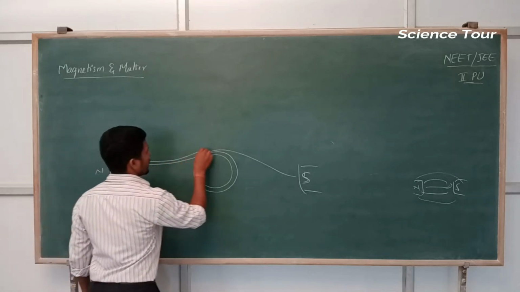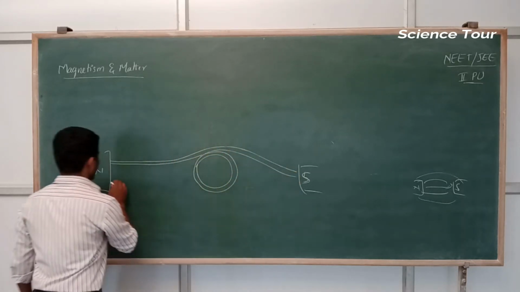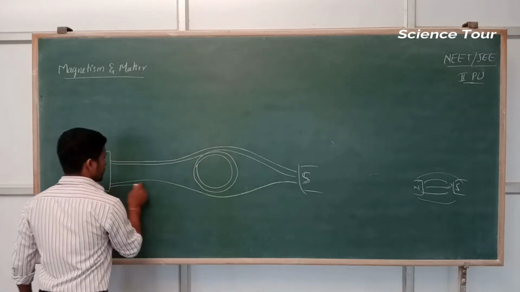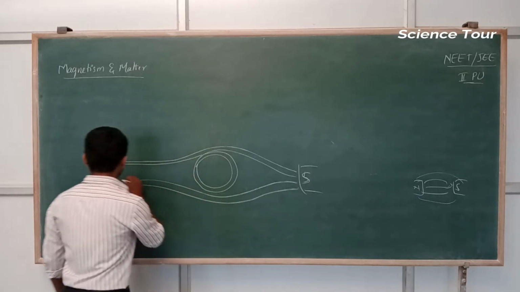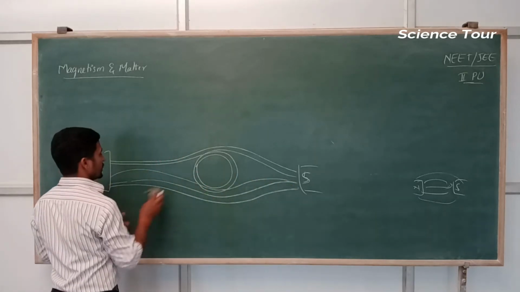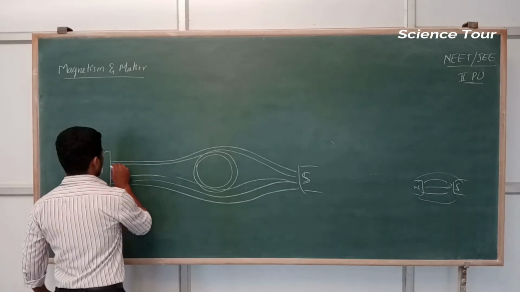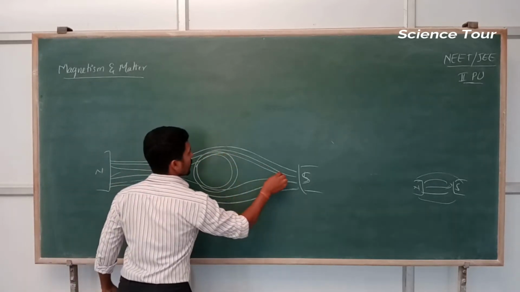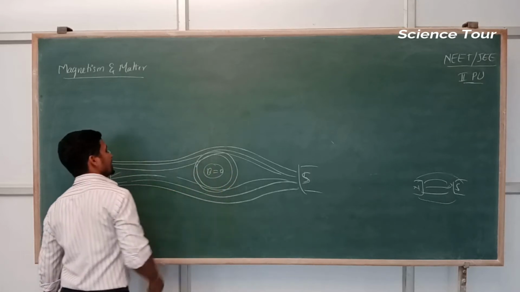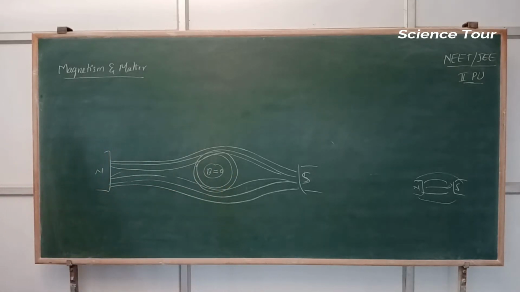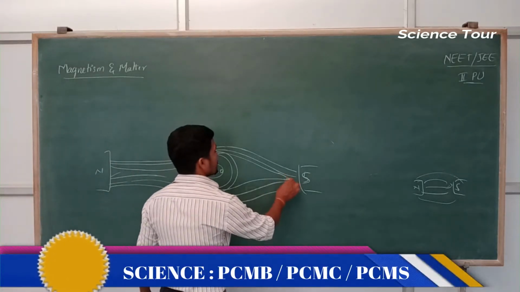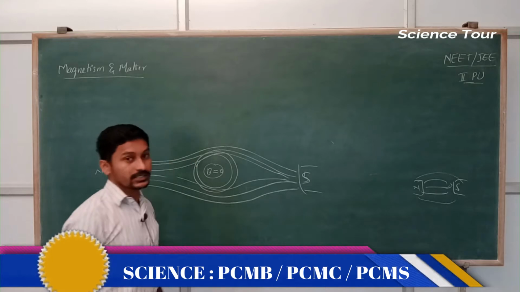So the magnetic field lines will pass in this way and form a shield, but they are not going to pass inside the ring of soft iron, and this phenomenon is called magnetic shielding.